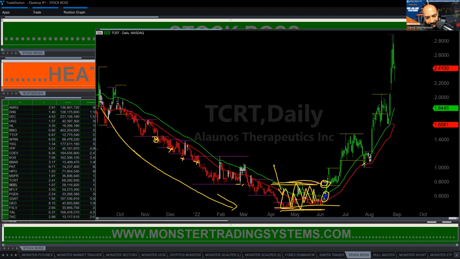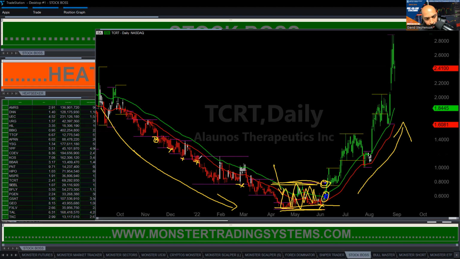What phase is this now? Markup. The markup phase. Very good. So we didn't buy here. We waited, we waited, we waited. Here's the accumulation. We didn't buy at the bottom, because we could have bought at the bottom and price still kept going lower.